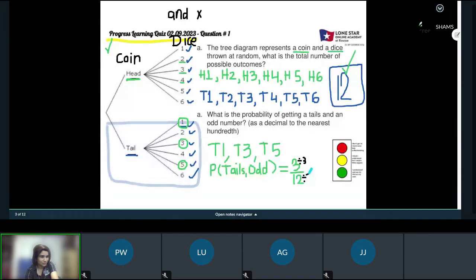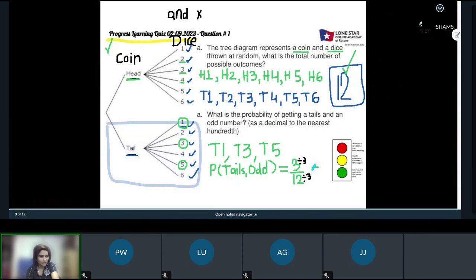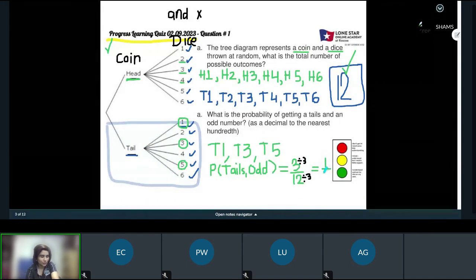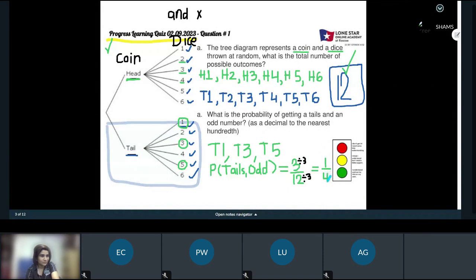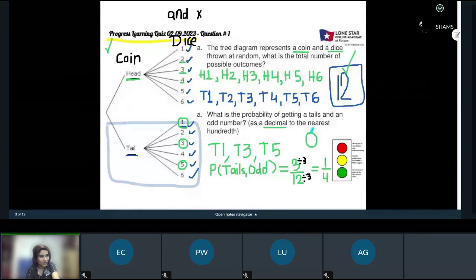Everybody agrees? 3/12 reduced to 1/4. Dion, then reconsider. There might be a typing error. 3 divided by 3 is 1. 12 divided by 3 is 4. As a decimal, 1/4 is 0.25. I box my answer.